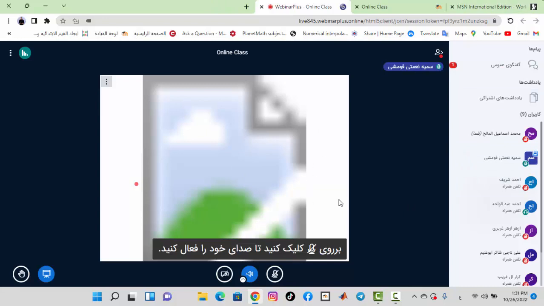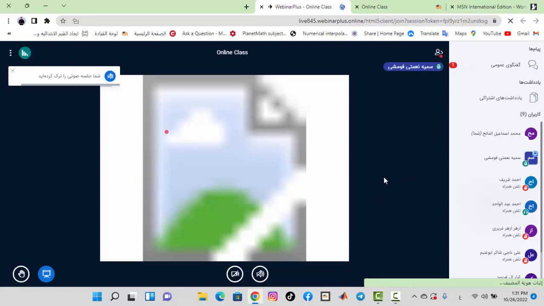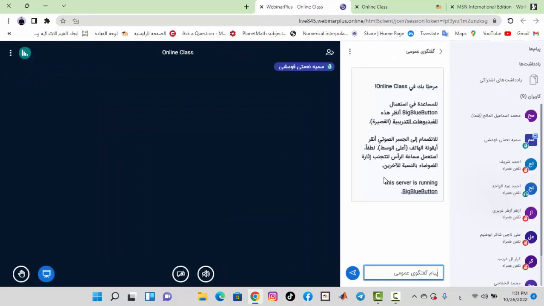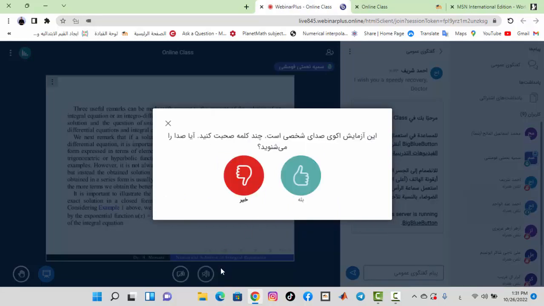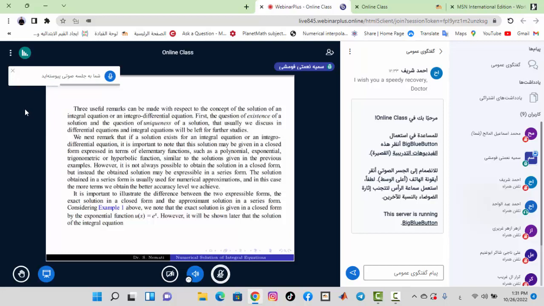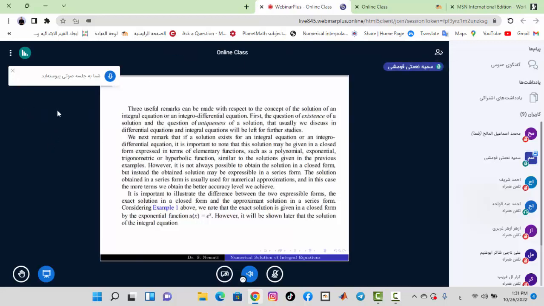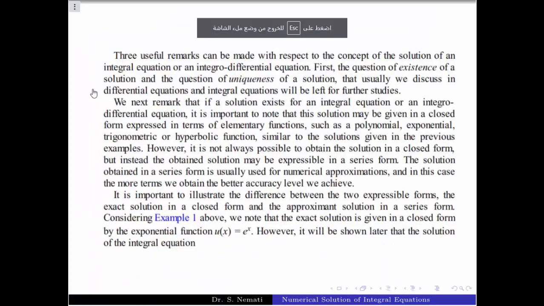Another question is whether the solution is unique or whether there is more than one solution for that equation. We discuss these matters in more detail in differential equations and integral equations in the next chapters.